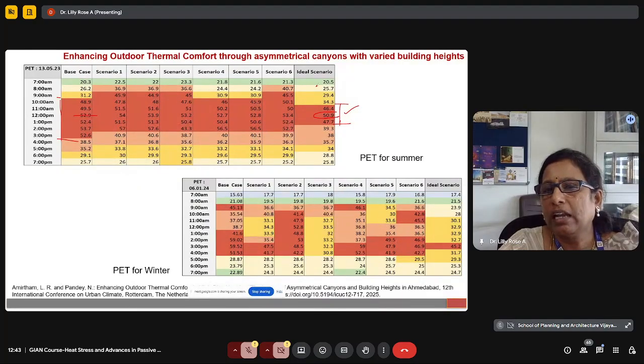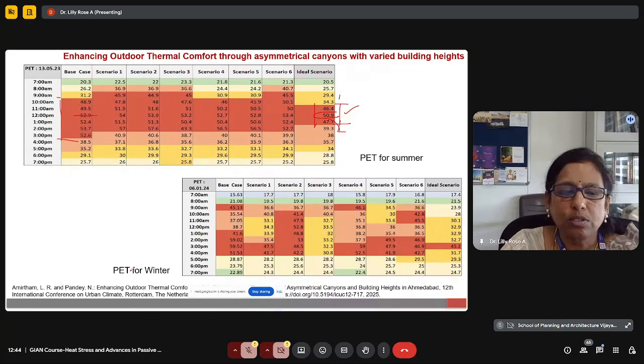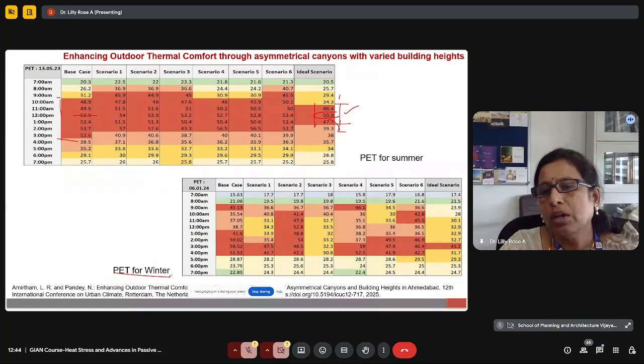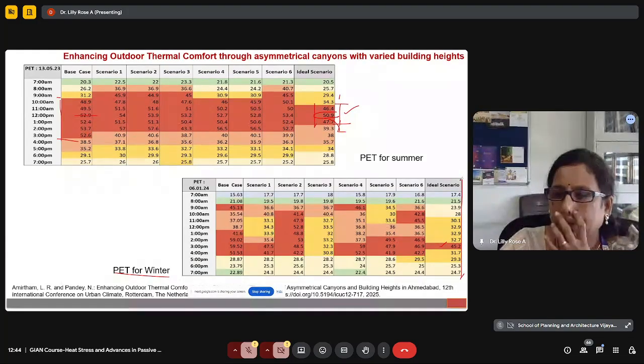There is an increase in moderate and strong heat stress, because we reduced from extreme heat stress to moderate and strong heat stress. Similar analysis was performed for winter also, and we found that the scenario had just 1 hour of extreme heat stress, but predominantly throughout the day this was comfortable.